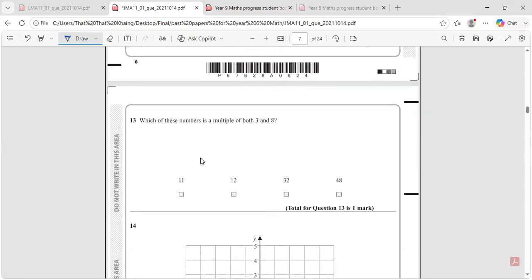Okay, the next one, number 30. Which of these numbers is a multiple of 3 and 8?